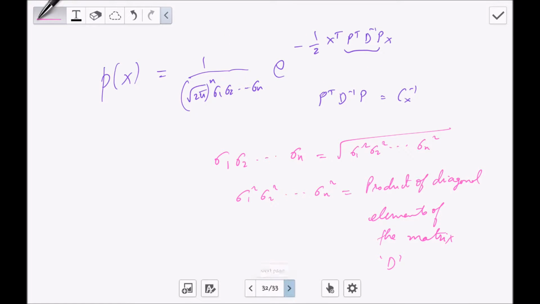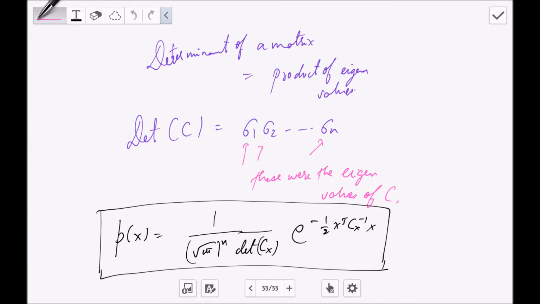Once this is done, what more can we say about this? Determinant, we already know that determinant of a matrix is the same as the product of its eigenvalues. Now determinant of Cx will be what? It will be sigma 1 squared, sigma 2 squared, and so on up to sigma n squared, where sigma 1 squared, sigma 2 squared, and sigma n squared are the eigenvalues of C. Now once this is done, we have p of x as 1 by square root of 2 pi power n, square root of determinant of Cx, e to the power minus half x transpose Cx inverse x.